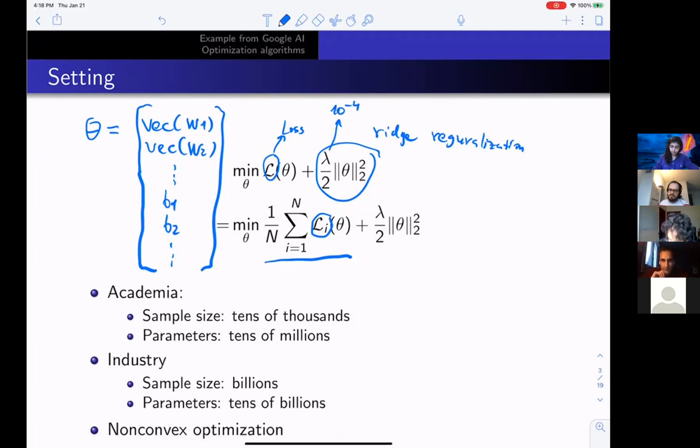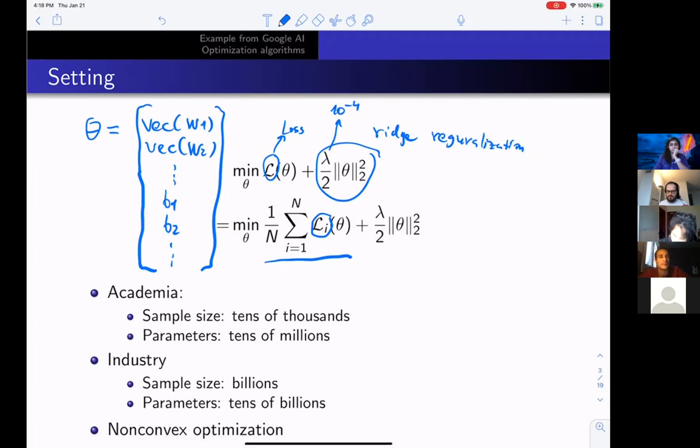But as far as I'm aware, the purpose and importance of ridge regularization is not really well understood. There are papers saying we don't actually need ridge regularization, we can just train without it. But canonically, the way people are doing it in practice, most papers use these ridge regularization techniques.